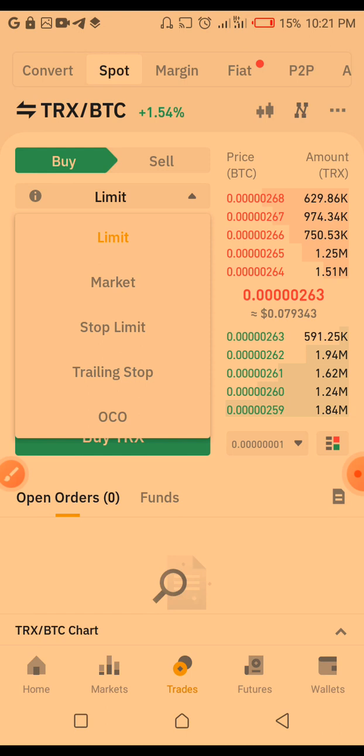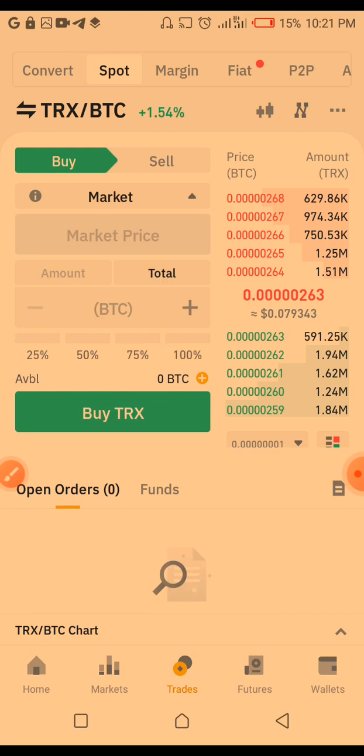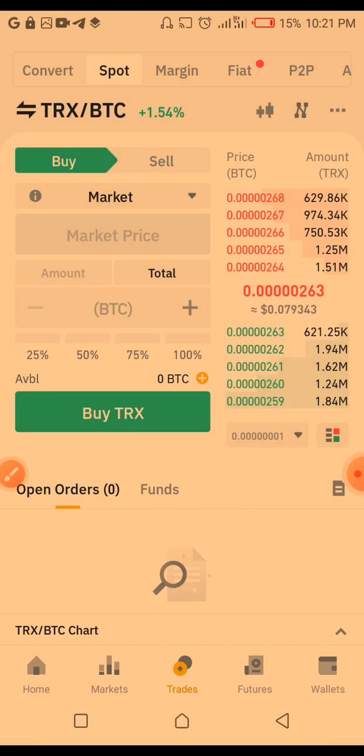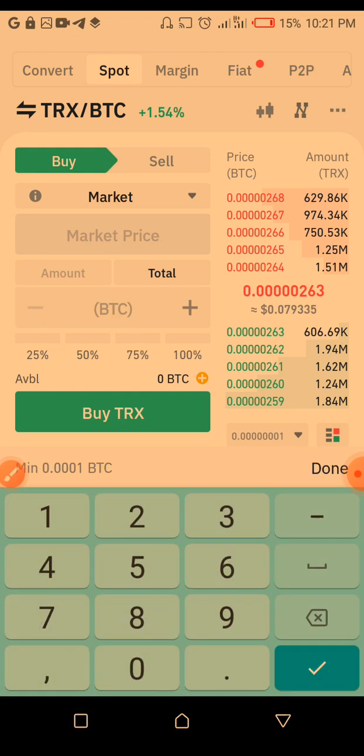So you don't have any choice at this point. If you select market, you don't have any choice. So wherever you enter here, let's say you want to buy TRS. You will not see any option of entering the amount of TRS you want to buy.